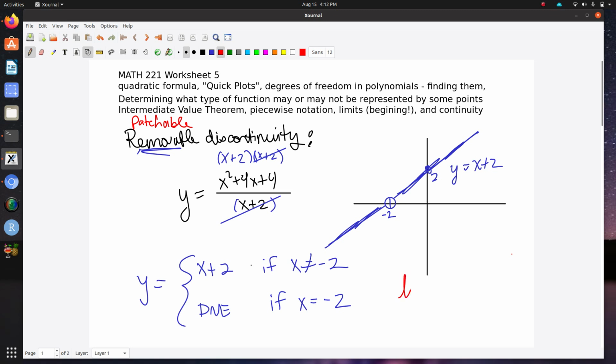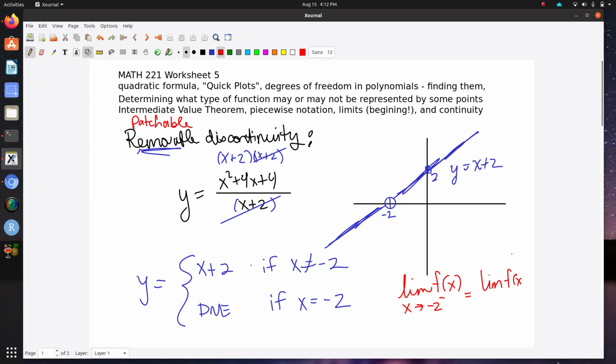So in this case, it is a removable discontinuity if the limit of f of x as x approaches -2 from the left is equal to the limit of f of x as x approaches -2 from the right, right?